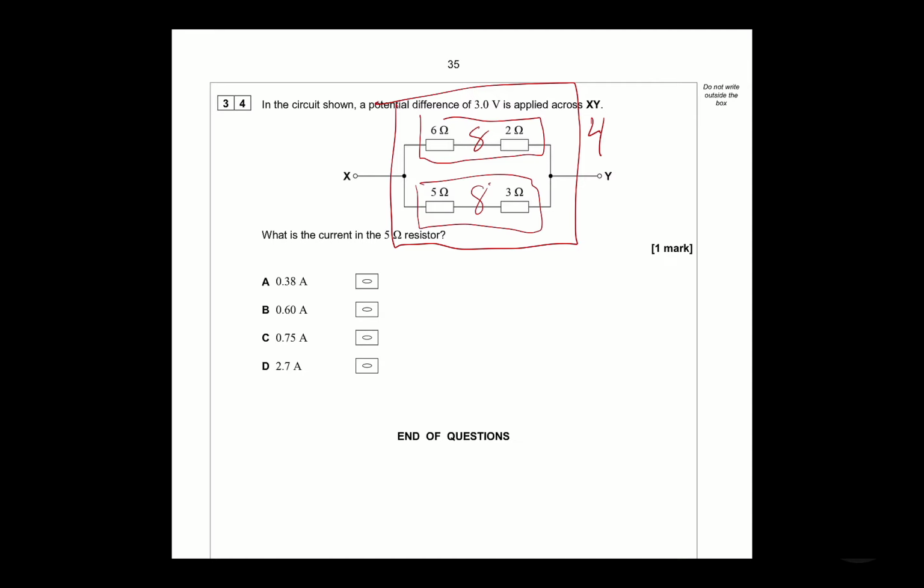So if that's 4, that means that the total current flowing is 3 divided by 4 is 0.75 amps. Half of that is going to go this way, and half of that is going to go this way because these are equal. So I've got 0.38 amps flowing through there.